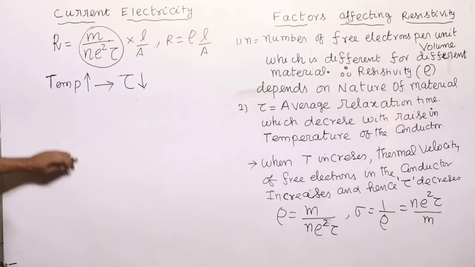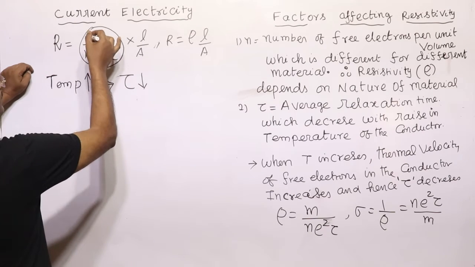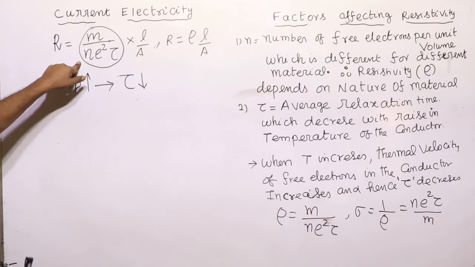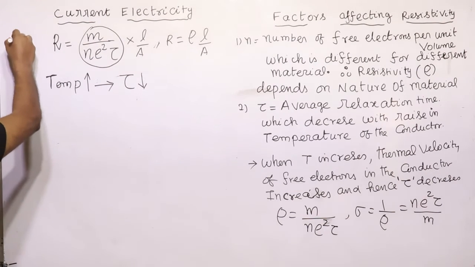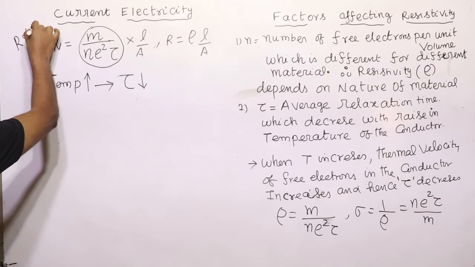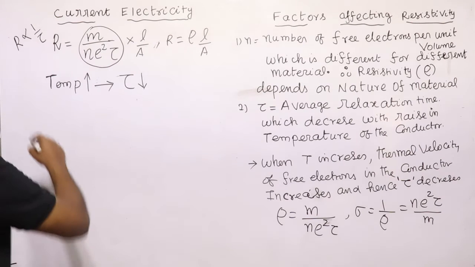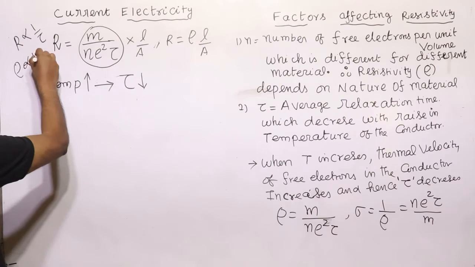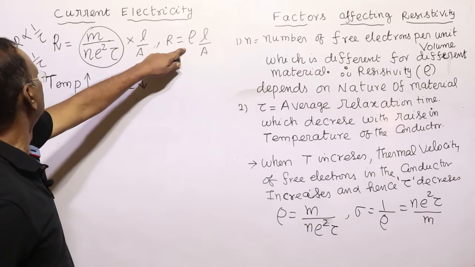See here R: the mass of the electron is constant, the number of electrons present in a given conductor is constant, and the charge of the electron is constant. It means R is inversely proportional to tau, and resistivity is also inversely proportional to tau.